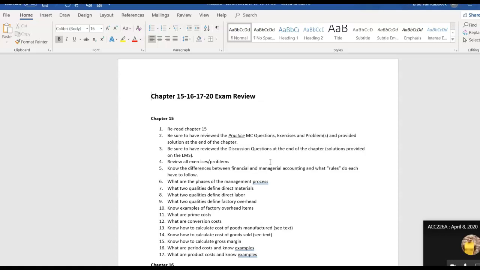Number 3, examples of overhead. Exercise 4, putting it into one or the other bucket of a product cost, direct materials, direct labor, overhead, or period cost, selling and administrative. Number 5 was just a terminology problem. Number 7, we're again now looking at costs, identifying them as either direct or indirect.